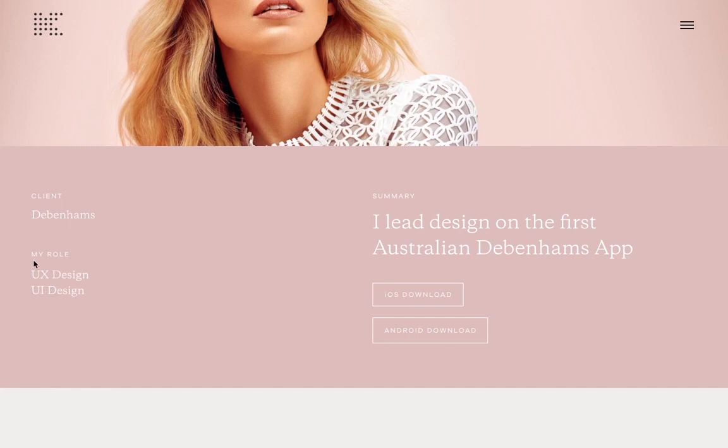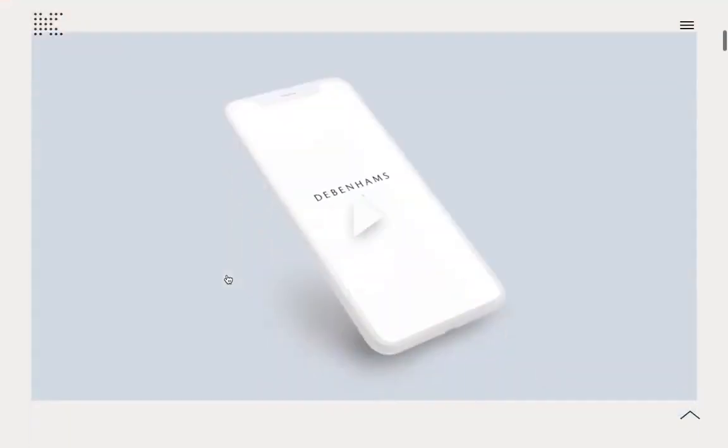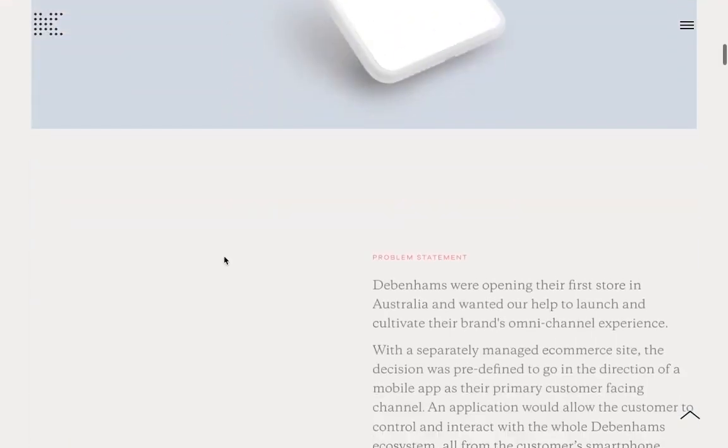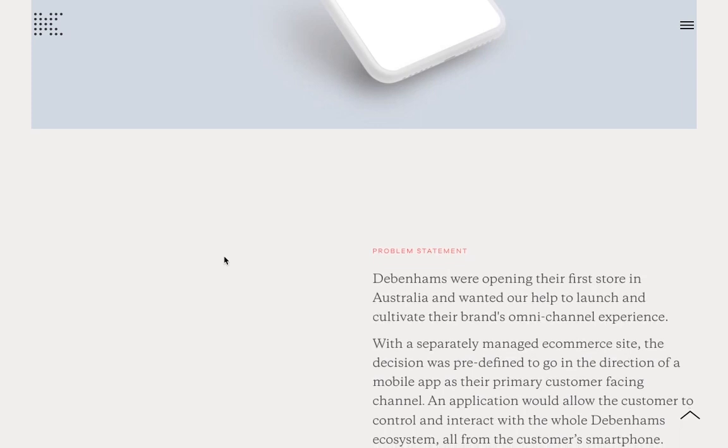Then his role. What was his role on the project? It also added links to the live apps, so you might want to do that. In between every part of the story, it added images that show the process or the final product.